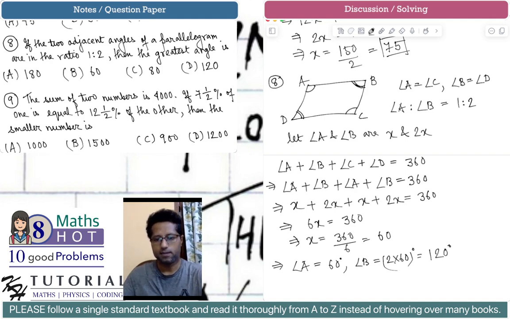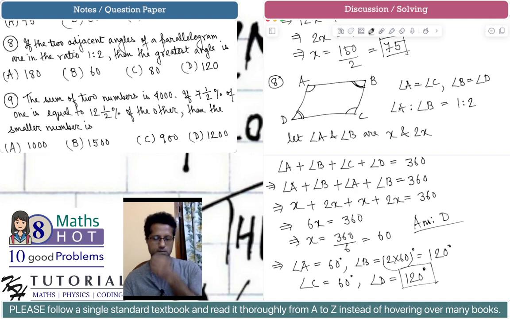And we know that angle C is also equal to 60 degrees, and angle D is also equal to 120 degrees. So the greatest angle in the parallelogram is of course 120 degrees, and hence the correct choice is D.